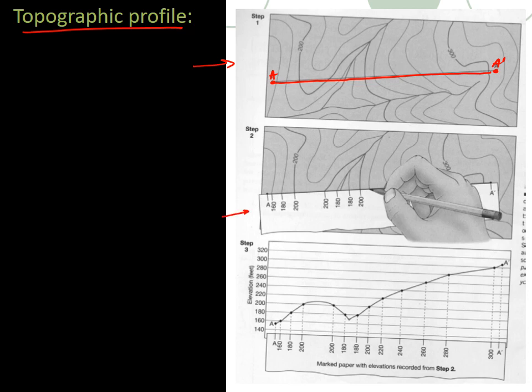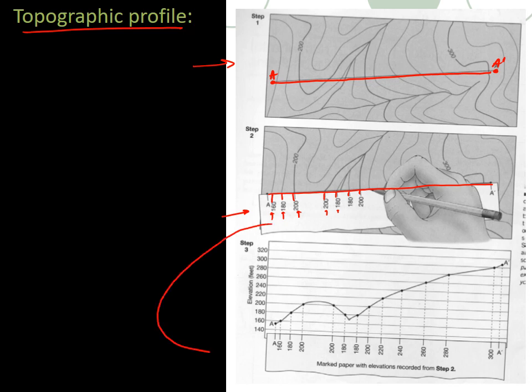We take a small piece of paper and lay it along our line from A to A prime. And everywhere along that line where we cross one of these topo lines, we put a little tick mark on the piece of paper and write down the corresponding elevation of the topo line that the paper crosses.